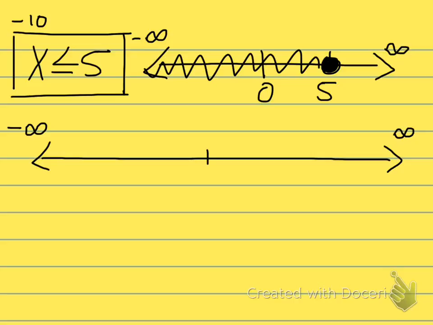I like my 0 just to help me orient the negative sides and the positive sides. So when we express something in interval notation, it's actually a letter number notation that looks like the graph itself. Interval notation is always read from left to right, the way you read. So I'm always looking at my graph from the left to the right.